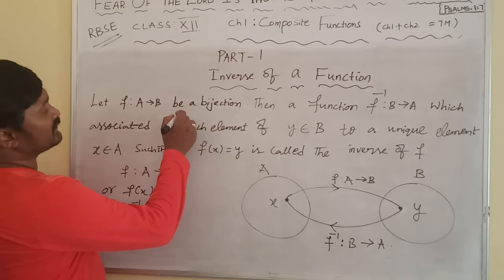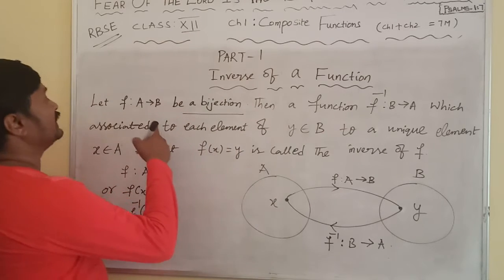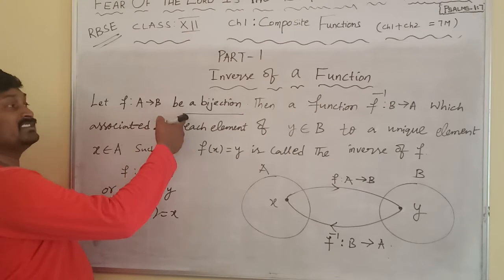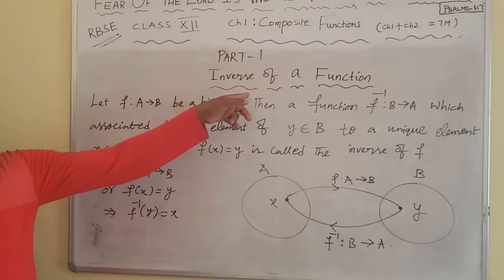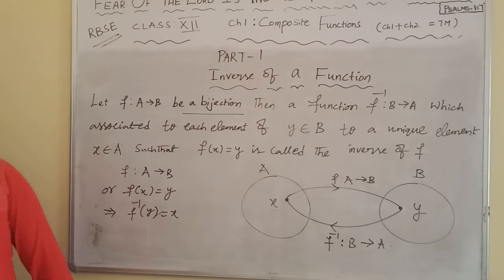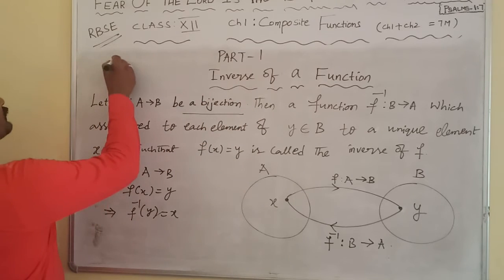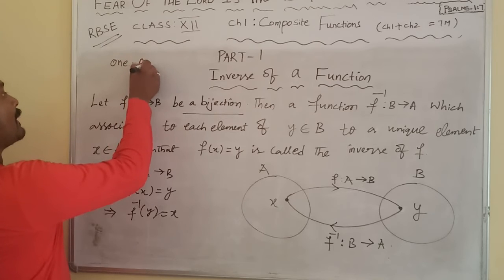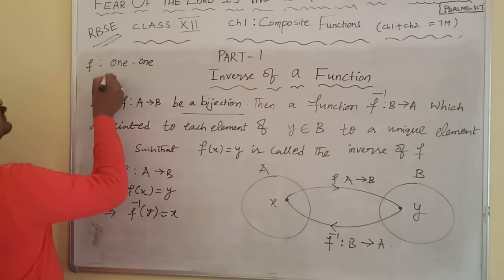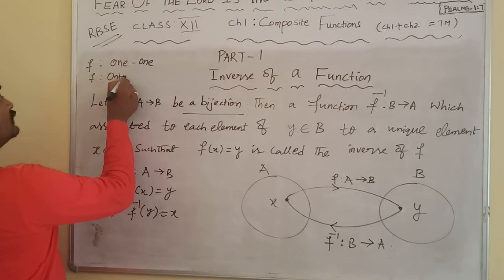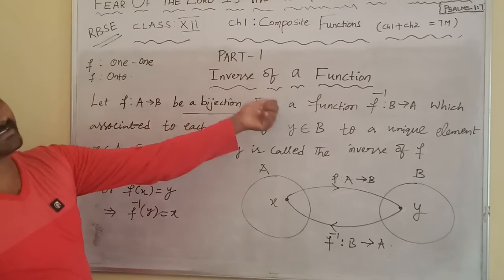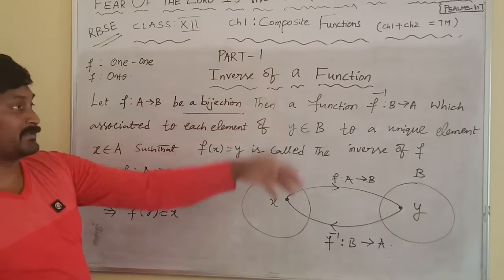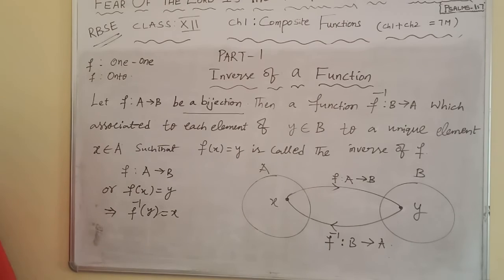Here you are observing that it is clearly mentioned f maps A to B is a bijection. Then only it is possible to get an inverse of a function. So what is bijection? A function should be 1 to 1 and onto. F should be 1 to 1 and in the same manner F should be onto. Then it is called a bijection. Then f inverse, or the inverse of a function, is possible. Otherwise it is not at all possible.